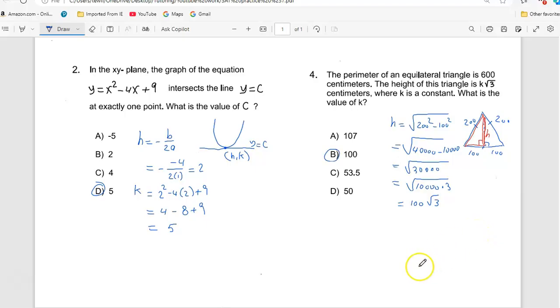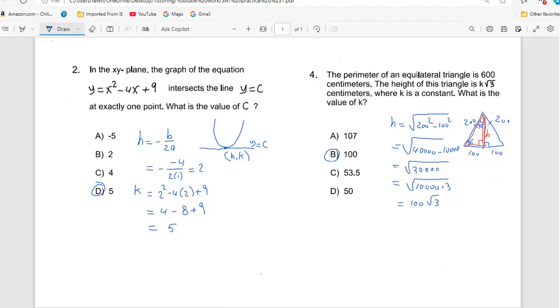There is a short way to do this problem. This red triangle is a 30, 60, 90-degree triangle, right? Because each angle in the equilateral triangle is 60 degrees, so this is 60. The height divides the vertex angle into two equal angles, 30 and 30.